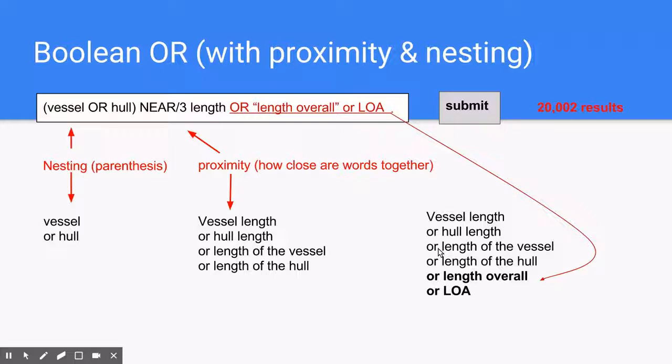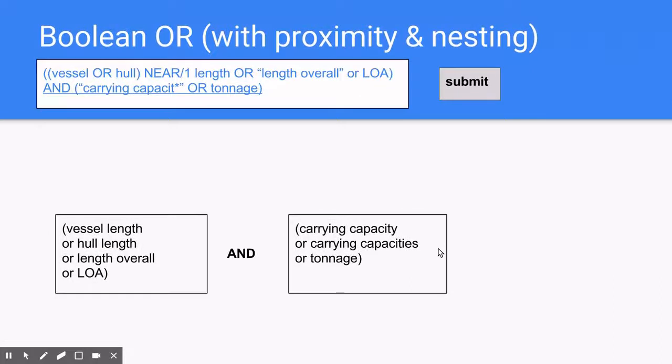However, even though I think we've got a pretty comprehensive search on one of our concepts, it's only one of the concepts. Remember that this is just vessel length. We have another part to our search, which is the carrying capacity. We also learned that the word tonnage is used for carrying capacity.